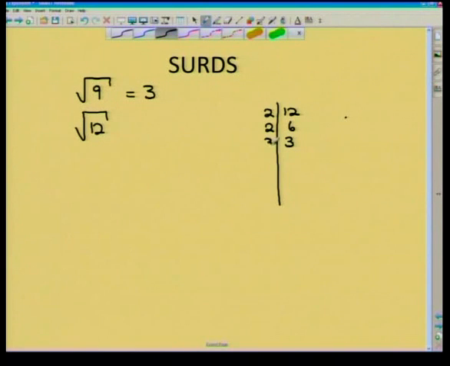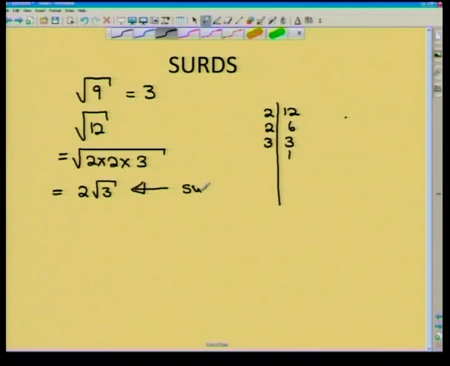The next prime number up is 3, and we're going to get 1. So this is equal to the square root of 2 times 2 times 3. Now, in grade 8, you learned that for every 2 in a square root sign, you take 1 out. So it will become 2 root 3. And that is definitely a surd.